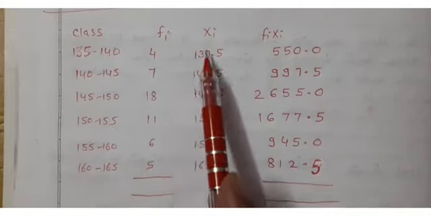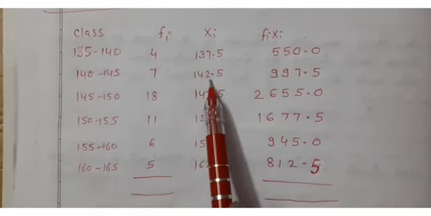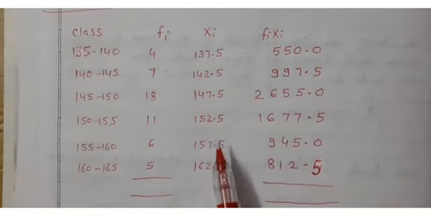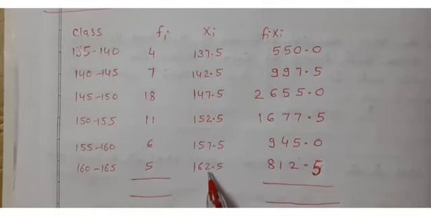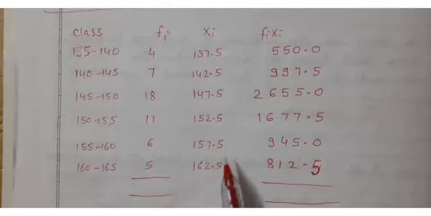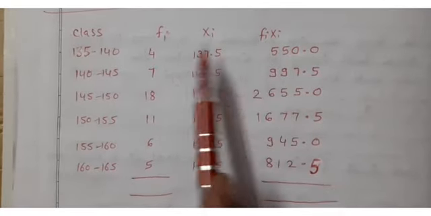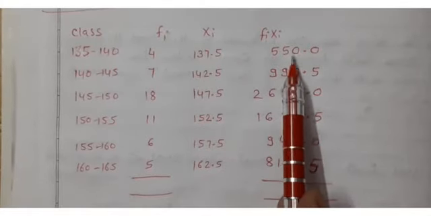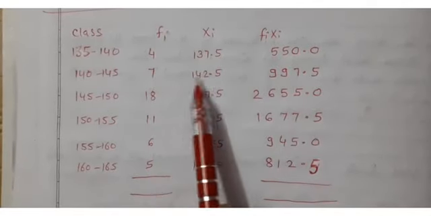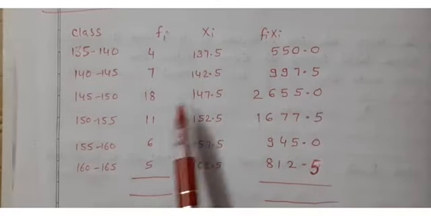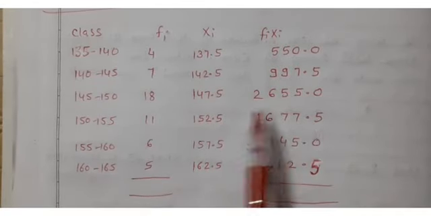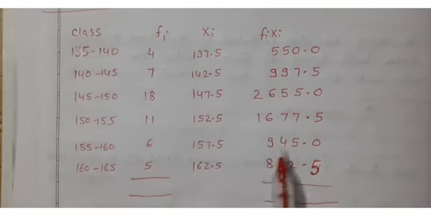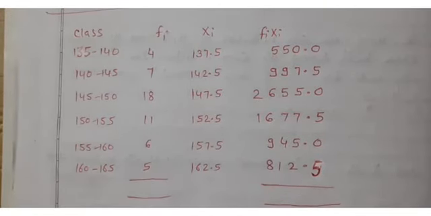Like this, again add 5: 142.5, then again add 5: 147.5, then 152.5, 157.5 and 162.5. Then we have to find fixi, which means the multiplication of these two. 5 into 137.5 is 550.0, 7 into this is 997.5, then 18 into this, 11 into this, 152.5 is this, 6 into this, 5 into this.